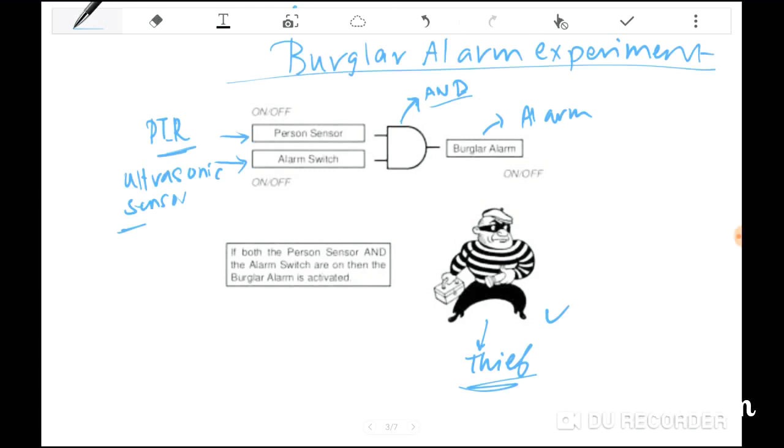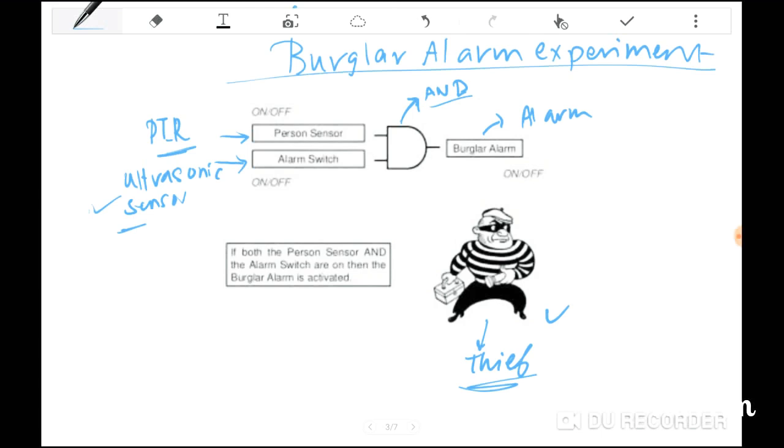Alright, it is a rather difficult concept, the ultrasonic sensor, and I won't be going into depth. Here I am using the ultrasonic sensor as an alarm switch and the PIR sensor as a person sensor. So this ultrasonic sensor will be acting as an alarm signal.